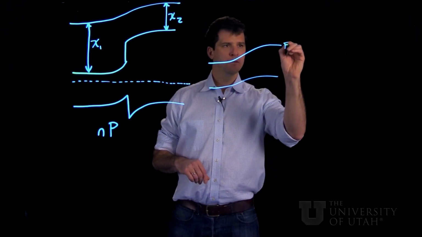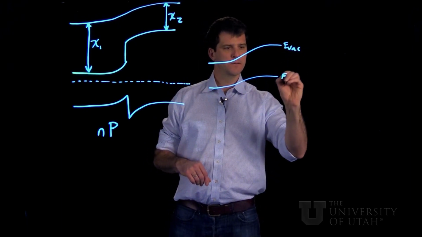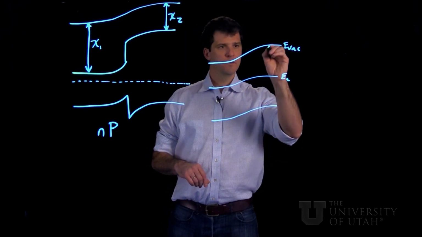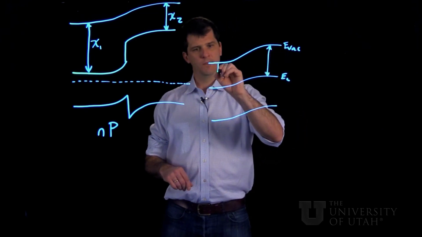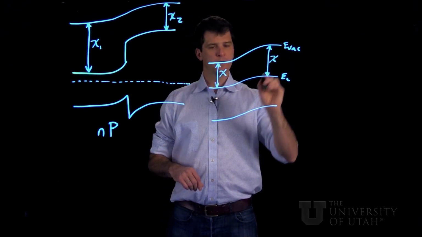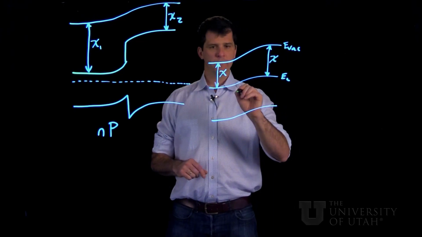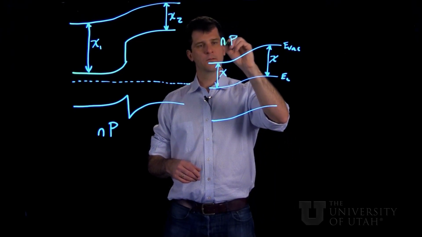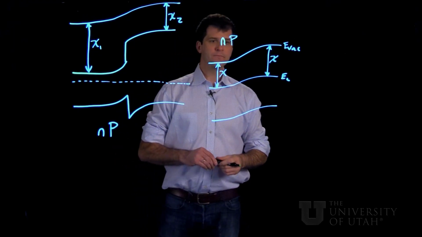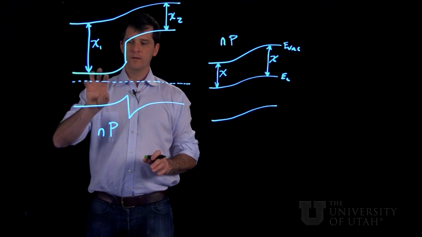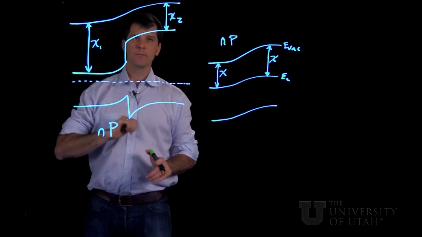So in this case, it'd be EVAC, EC, and we would, of course, have the same chi if we have the same material on both sides for our normal NP junction, like this. So this is the silicon example. This could be the germanium silicon example.